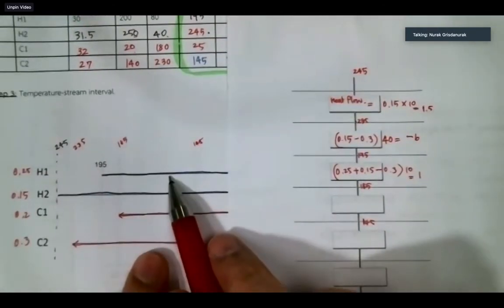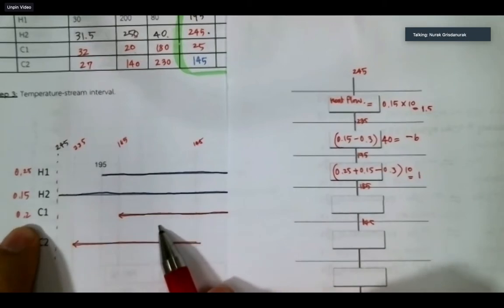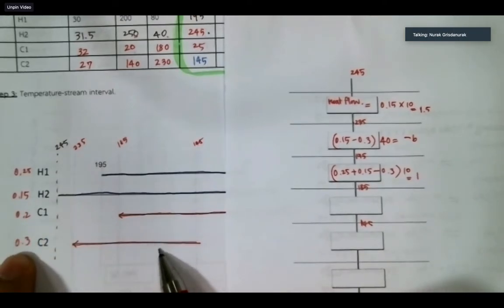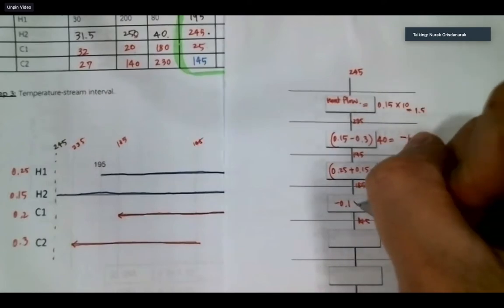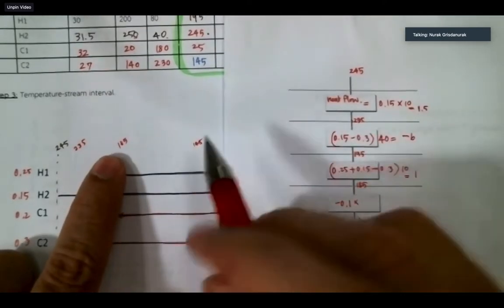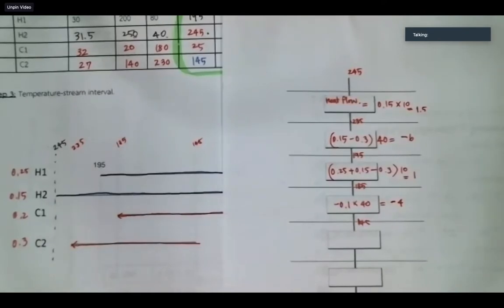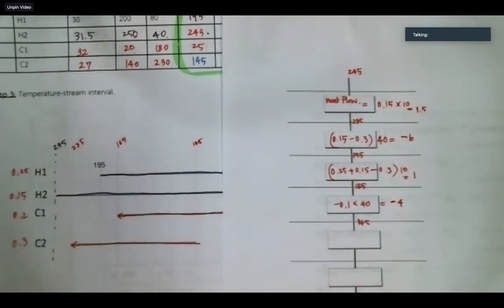So I get 0.25 plus 0.15 become 0.4, minus 0.2, remaining is 0.2 minus 0.3, then I get minus 0.1, multiply with the temperature difference 40, so eventually I get minus 4. ได้ยังครับ เข้าใจยังครับ เข้าใจนะ.